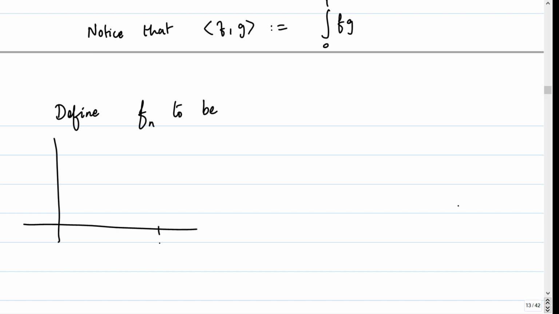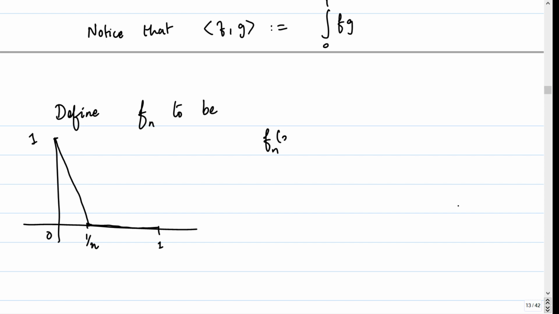Let this be 1, 0, again this be 1, and let this be 1 by n. So the function Fn is going to be the straight line joining (0, 1) to (1/n, 0). That will be the graph of the function till here. And from here it will be the 0 function. So let's define it specifically.